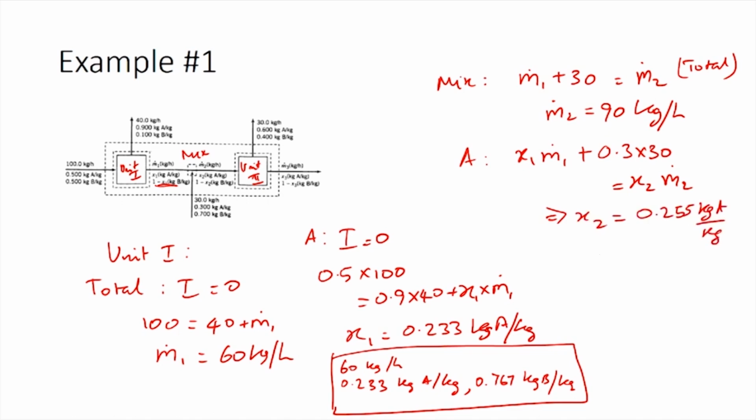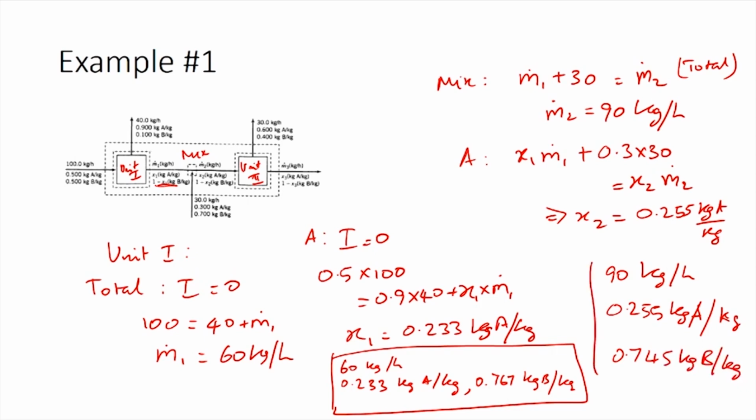So, this means the stream 2 basically is 90 kilograms per hour containing 0.255 kilograms of A per kilogram and the rest, which is 0.745 kilograms of B per kilogram. So, these three things which we have now calculated give us the information about the mass flow rates of the streams 1, 2 and 3 and their compositions.